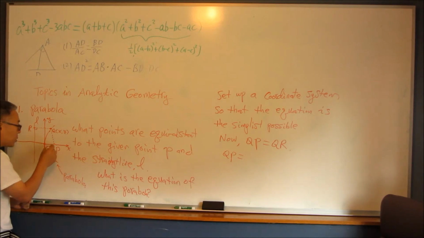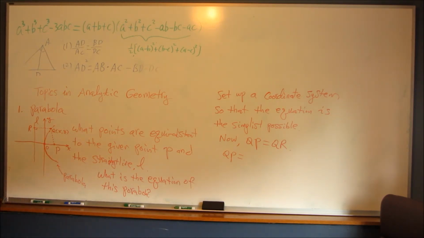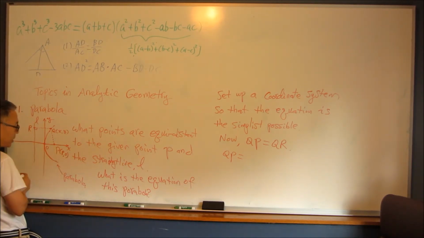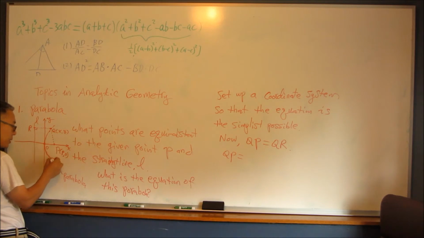So we can call the coordinates of point P simply small p, 0. Don't confuse it with the big P, the point.